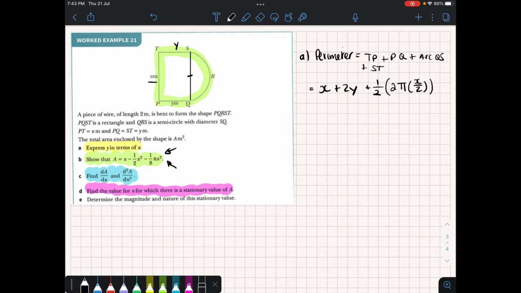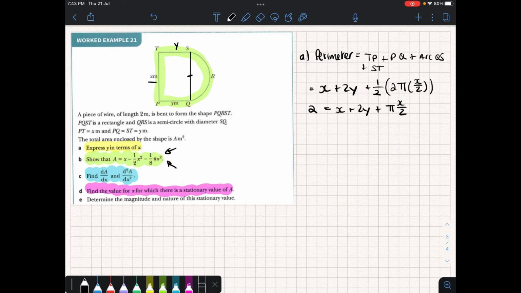So we were asked to give an expression of y in terms of x. So what that means is I need to rearrange this to give me a formula for y equals. Okay, so I have, at the moment, the perimeter, and the perimeter is 2 meters long. And that must be equal to x plus 2y, plus pi x over 2.